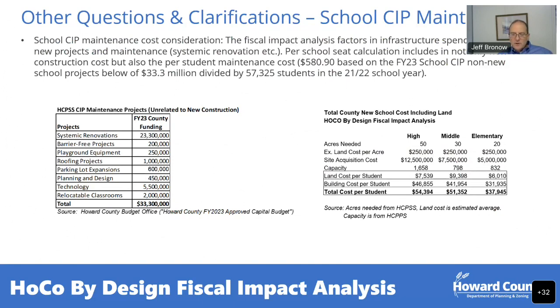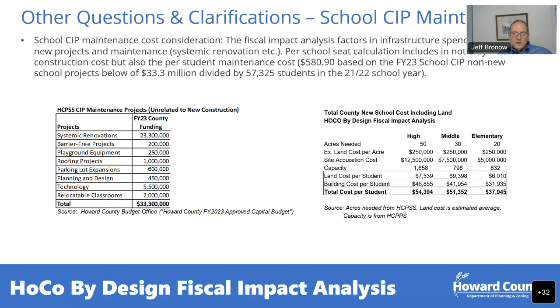Basically, as every new student is added to the county from moving into a new home built in the future, through the yield rates for new construction, the county is going to need to incur a cost of $54,000 for high school, $51,000 for middle school, and $37,000 or $38,000 for elementary school.